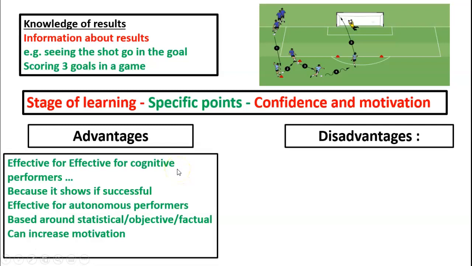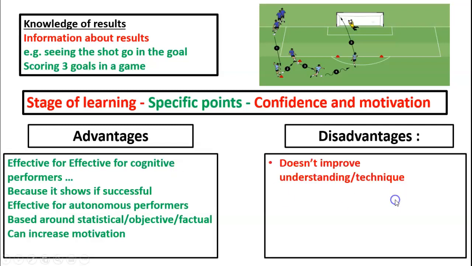So if we are too focused on the outcome of performance, e.g. how often we are successful, okay, there are some problems. Problems are, it does not improve understanding or technique. So just because, let's say for example, a young 5-year-old goes and shoots the ball and the ball goes in the goal, luckily every time.